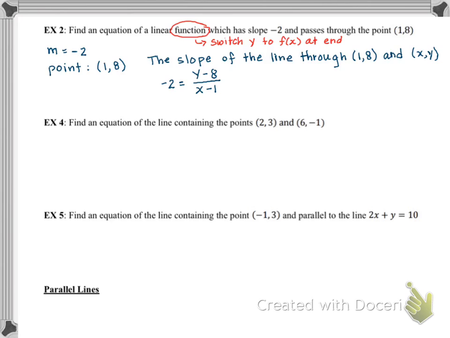We'll multiply both sides by x minus 1, which gives us -2 times x minus 1 equals y minus 8. Distribute. And then add 8 to both sides.